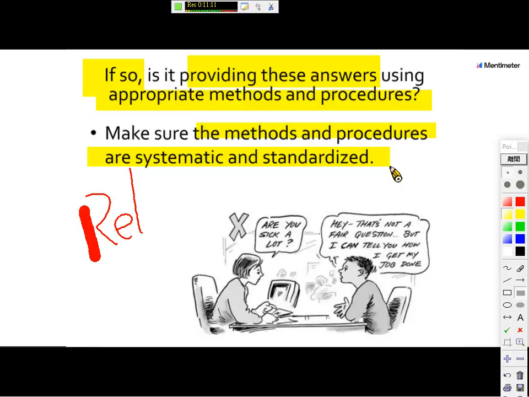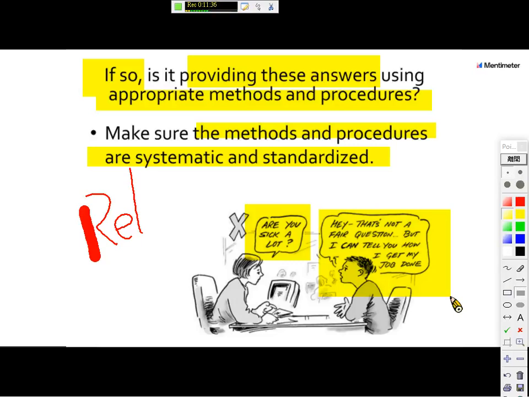And let's see this one. This is just a very short example. Are you sick a lot? Hey, that's not a fair question, but I can tell you how I get my job done. So basically, a human resource officer tries to determine whether he is really in need of sick leave, right? So, hey, are you sick a lot?